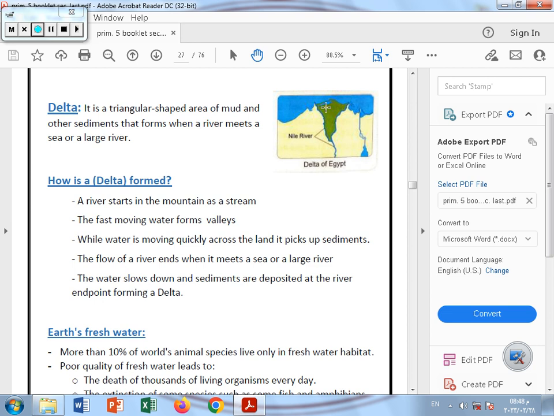While the water is moving quickly across the land, it picks up some sediments by erosion and weathering. When the flow of the river ends, this means the river meets a sea or a large river. So the water starts to slow down, and the sediments are deposited at the endpoint of the river. That's the deposition of sediments and mud. This forms a delta.